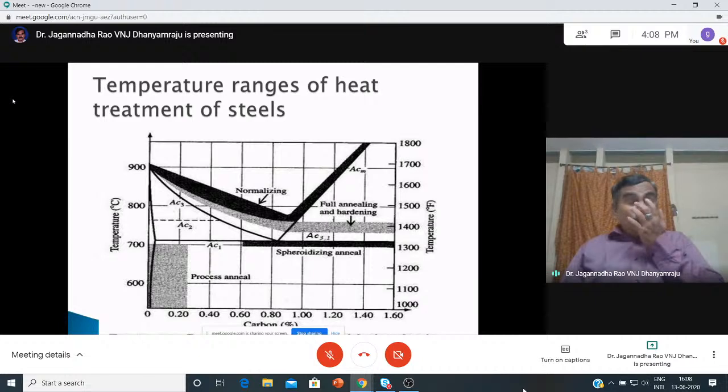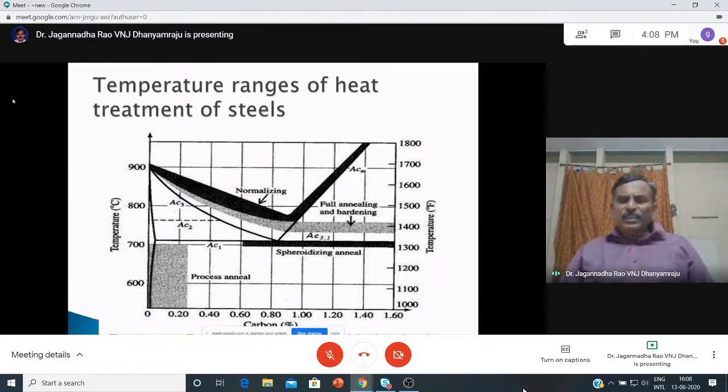Understand? So that is why, in order to improve the machinability of hypereutectoid steels, spheroidizing treatment is given. So in spheroidizing treatment, the cementite network is broken into cementite spheroids. This can be done by heating and cooling the steel alternatively above the AC31 line.